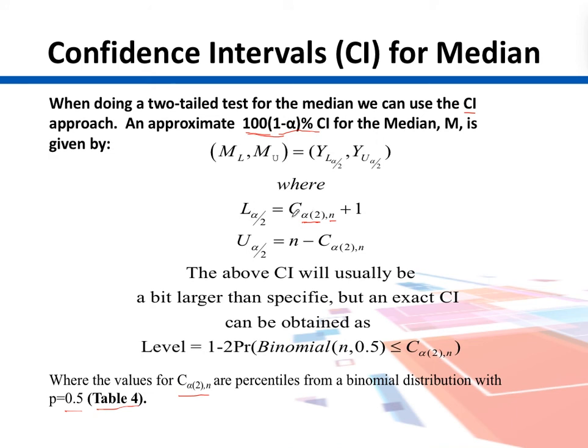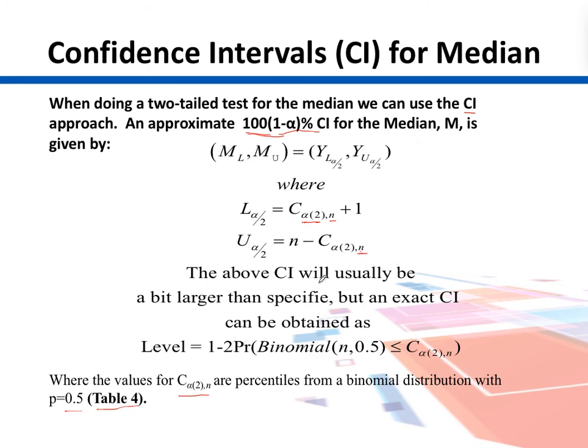This gives us the location of the number to pick, and that number is our lower confidence limit. In the same way, for the upper limit, it's n minus C at alpha two-sided, for the respective sample size.